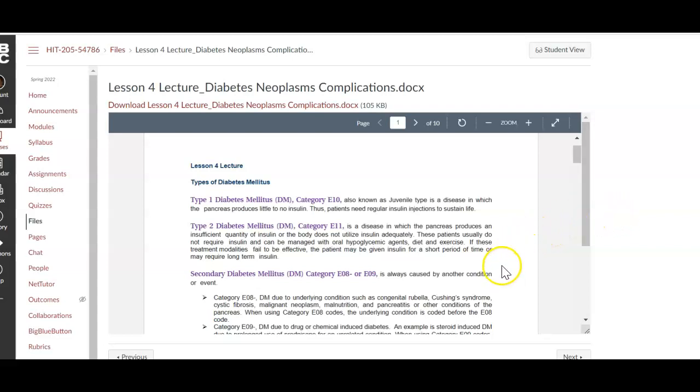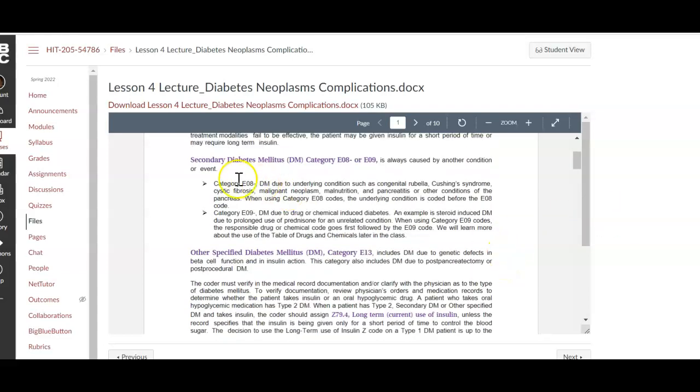So one thing that I do want to mention, you also have secondary, which is E08 or E09. Make sure you review those categories. These are due to an underlying condition. So E08 could be due to congenital rubella, Cushing's syndrome, cystic fibrosis, again, as you read through, where E09 is due to drug or chemical induced diabetes.